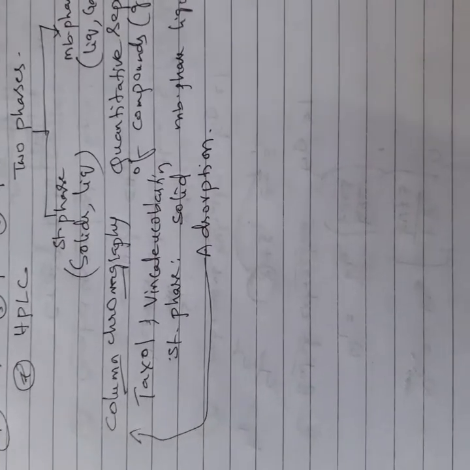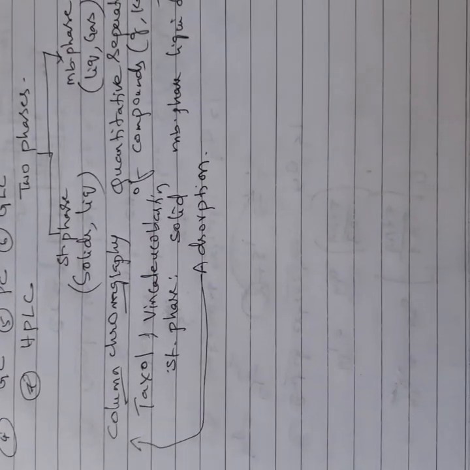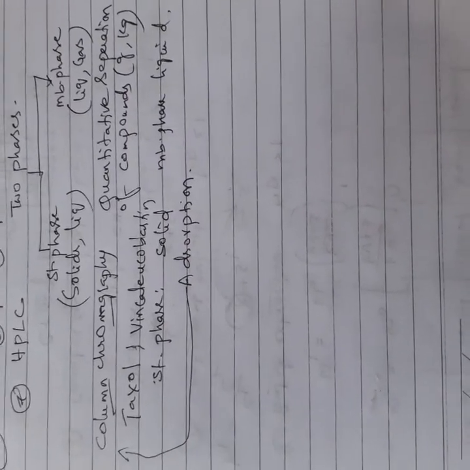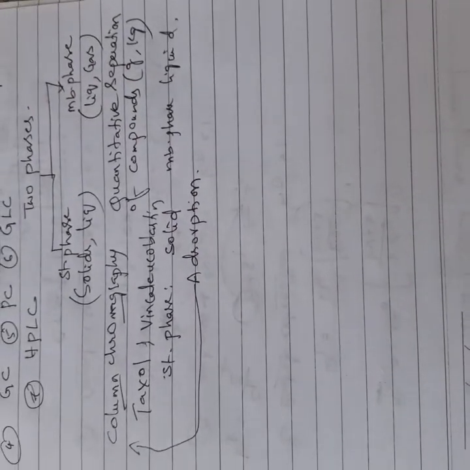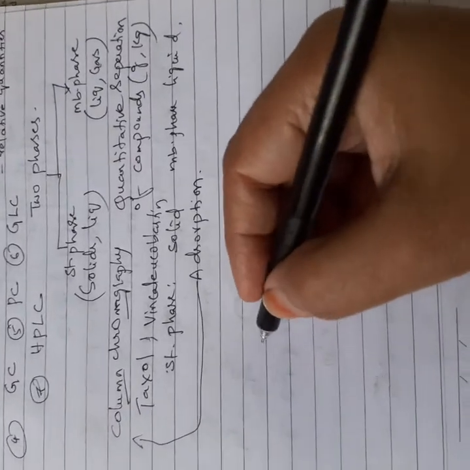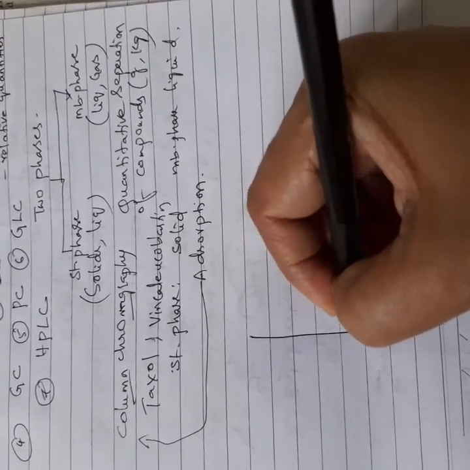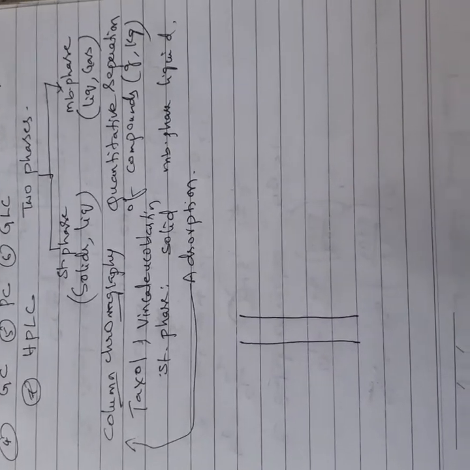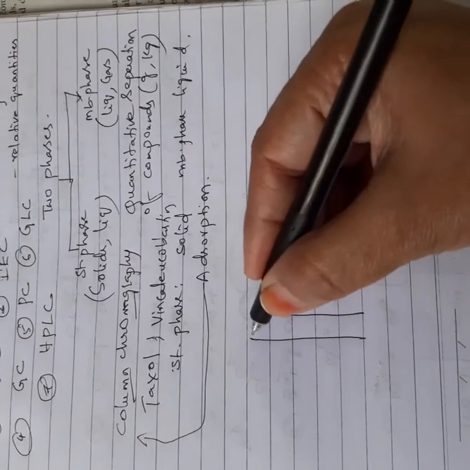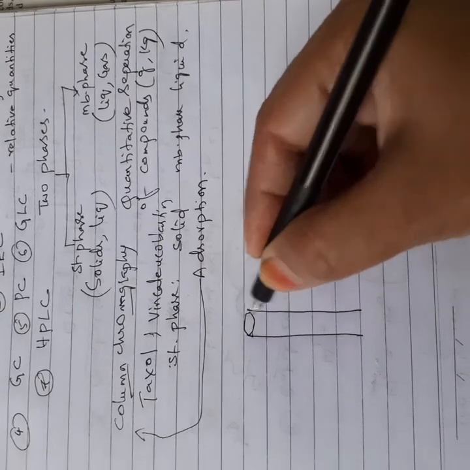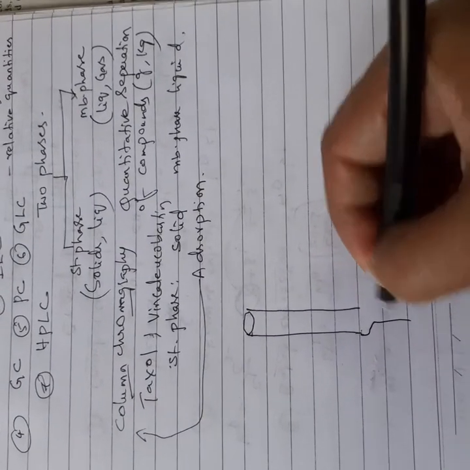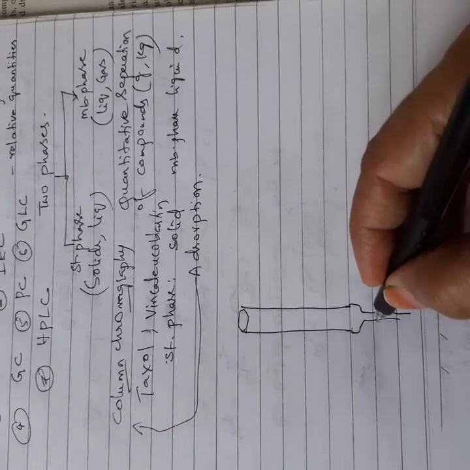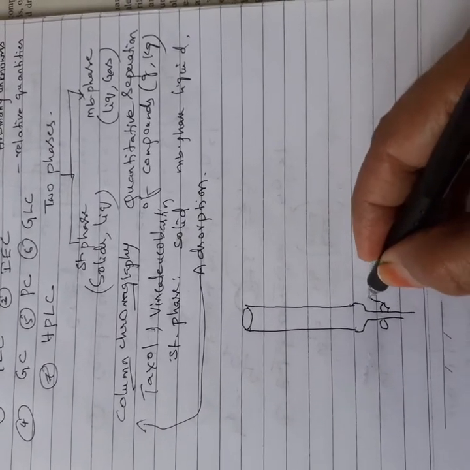Right, so how the experiment goes, we need to study now. Generally, in the column chromatographic technique, you need to take a column which is like a burette, clamped vertically by using a stand, same as our burette.